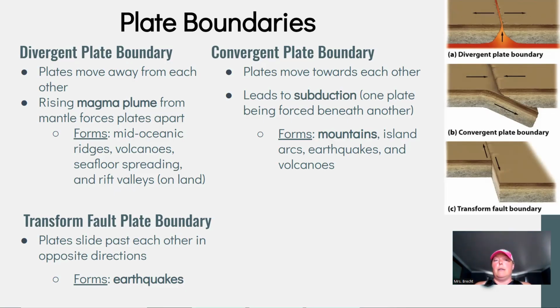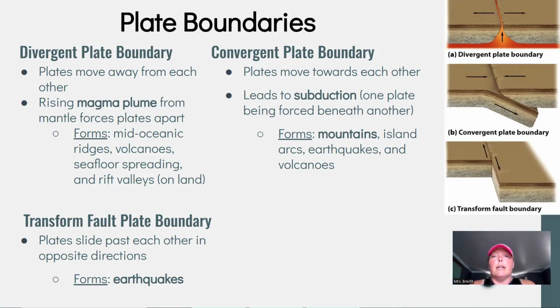This can cause mid-oceanic ridges, volcanoes, seafloor spreading, and rift valleys, which are on the land. The mid-oceanic ridges and the seafloor spreading obviously occur in the ocean.